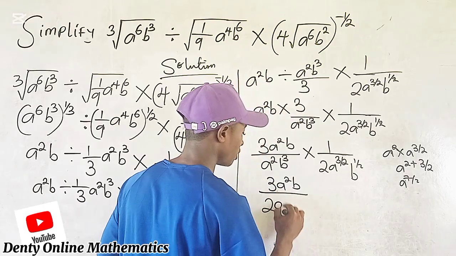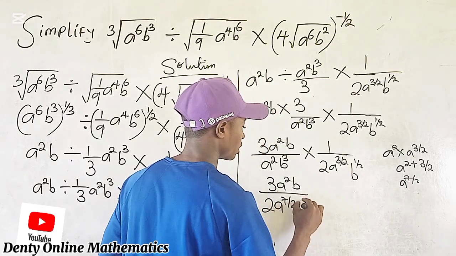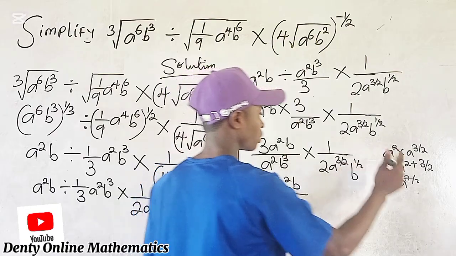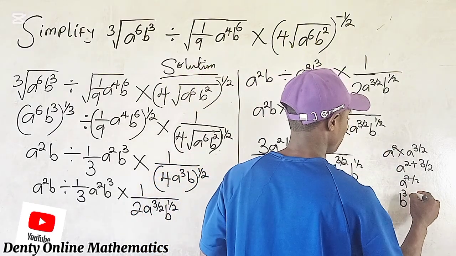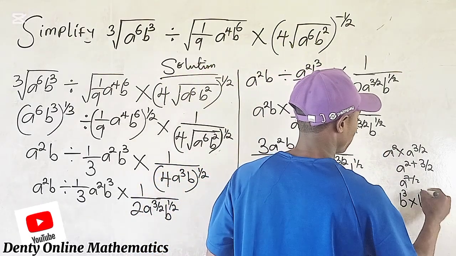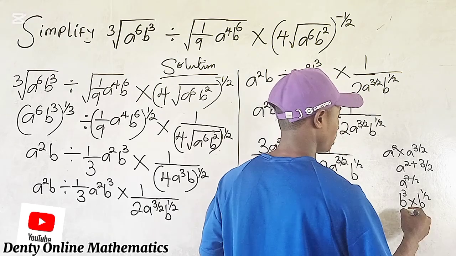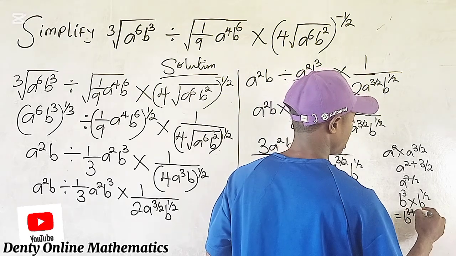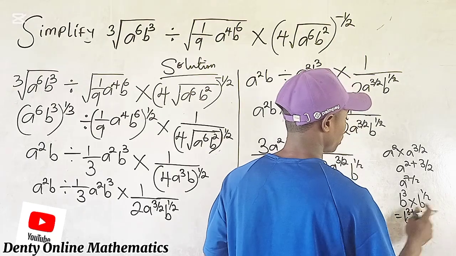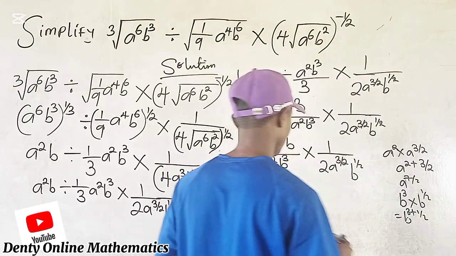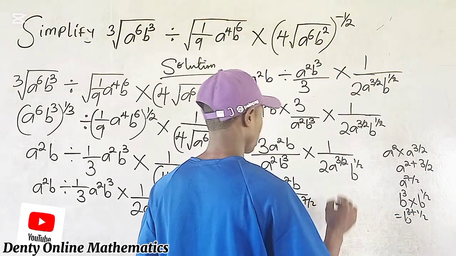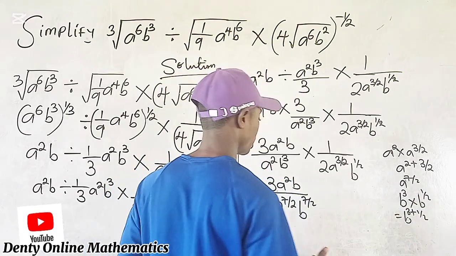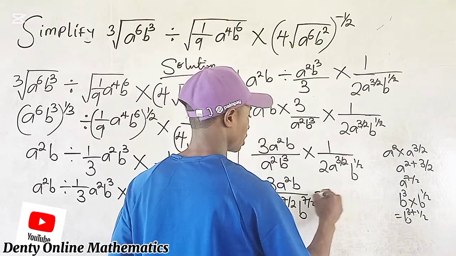So this will give us a raised to the power of 7 over 2. And then b also, b cubed times b raised to the power of 1 over 2, pick one of the base also, and add the exponent. So this will give us 7 over 2 also, because 2 times 3 is 6, plus 1 is 7 all over 2.